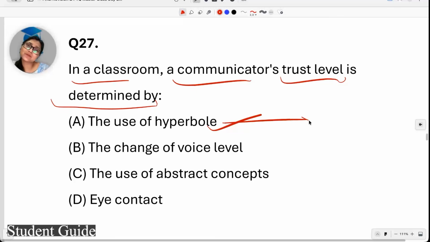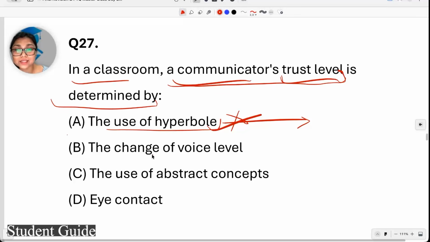Hyperbole is a kind of exaggeration, like explaining something with so many additions, for example, it is small and I am saying it is so big. If you exaggerate something, that never comes under trust. So this is not a correct answer, because it is asking about the communicator's trust in a classroom environment.